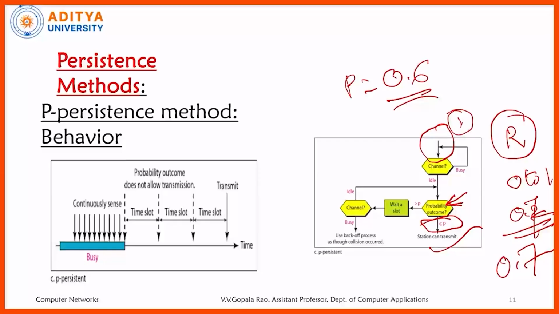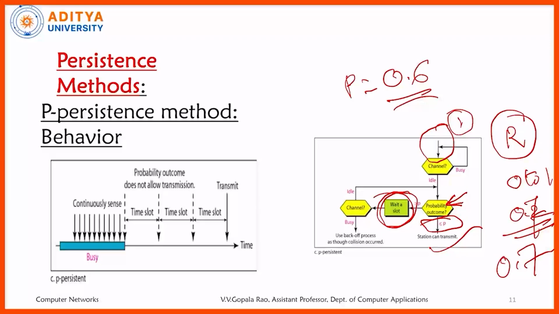That is the point mentioned here, wait a slot. That means we are allowing the station to wait for some time slot because the R value is more than the probability value.